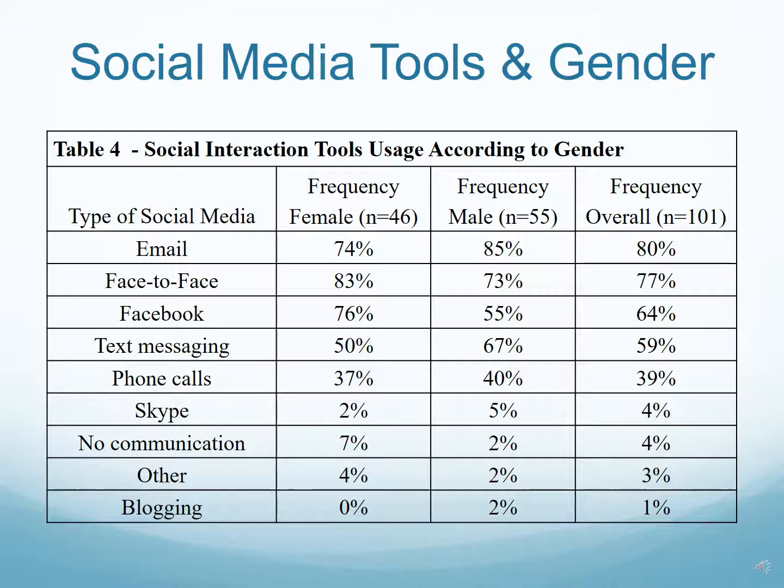The same thing is true for Facebook usage, 21% superior in the case of female than male students. We see that the distribution of the usage is different according to gender. We have to keep in mind that a student could be using more than one social media tool, and this is why the total does not add up to 100%.